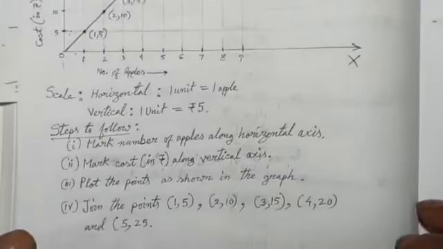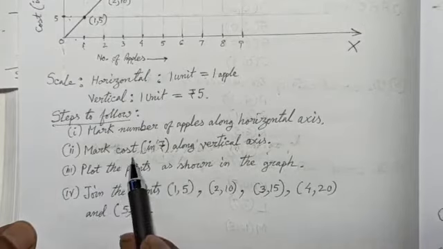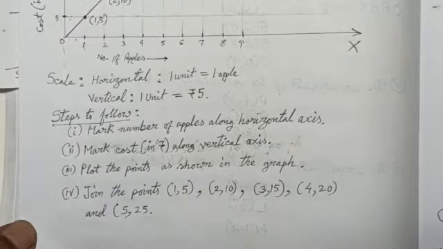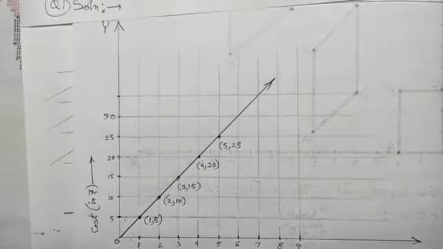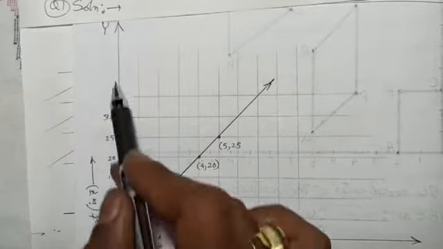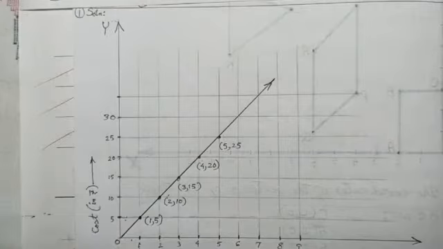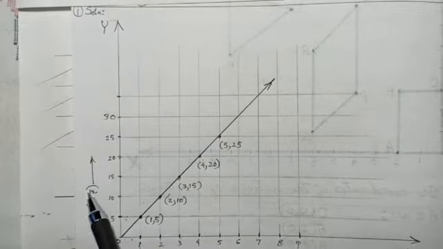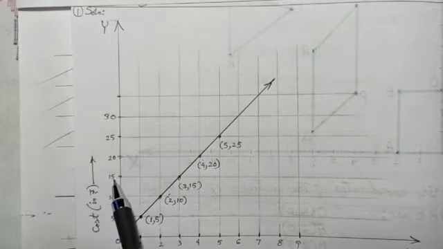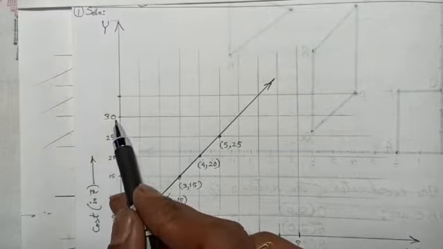And Roman number 2, mark cost in rupees along the vertical axis. So the y-axis is the vertical axis, and we are marking cost in rupees. So this is 5 rupees, 10 rupees, 15 rupees, 20 rupees, 25 rupees, 30 rupees, and so on.